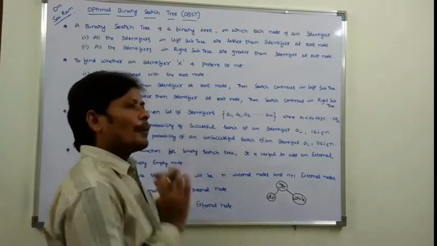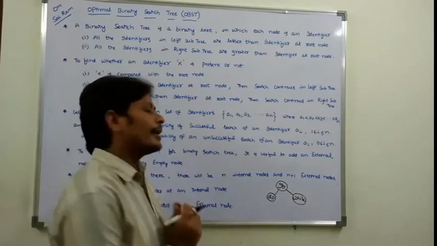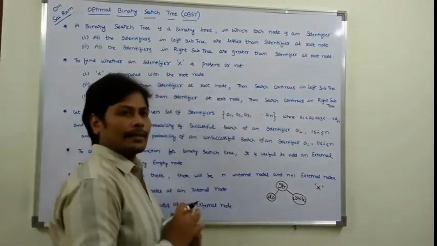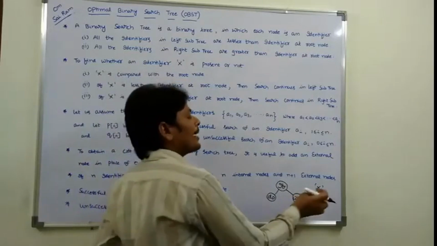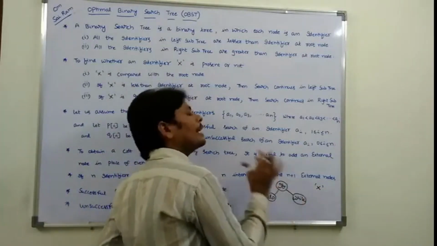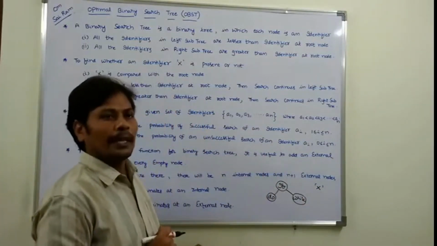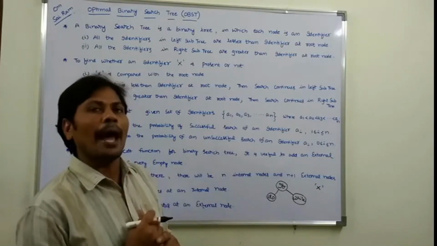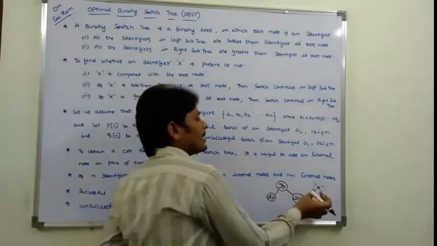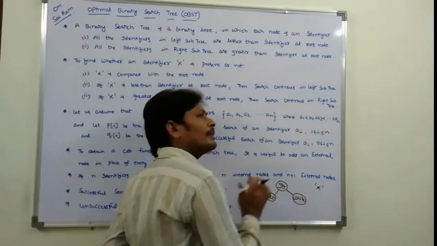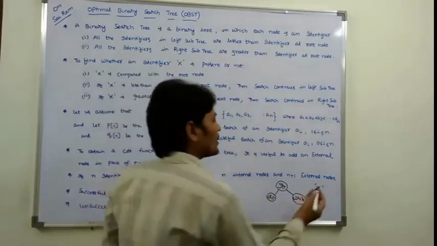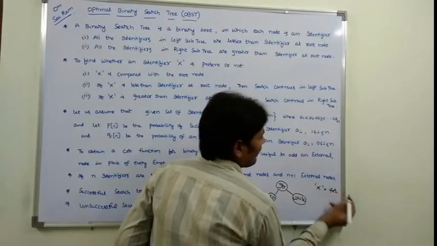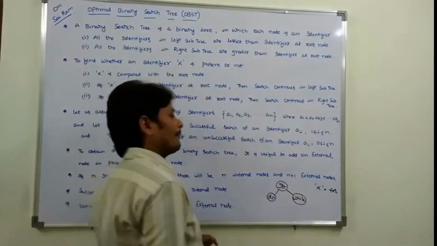Next, suppose we want to search an identifier X. First, this identifier X is compared with the root node. If it matches, the search is successful. If it does not match, then it is compared further. Suppose X is equal to for.